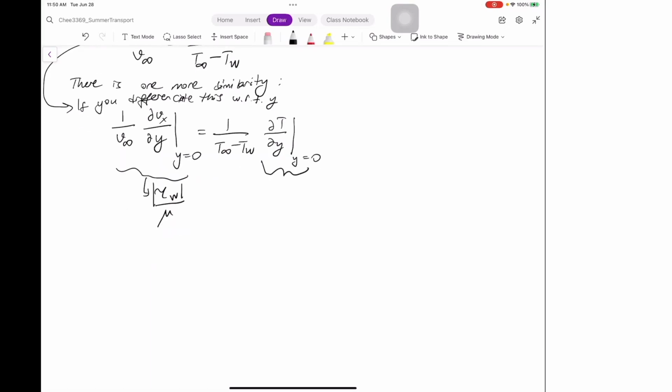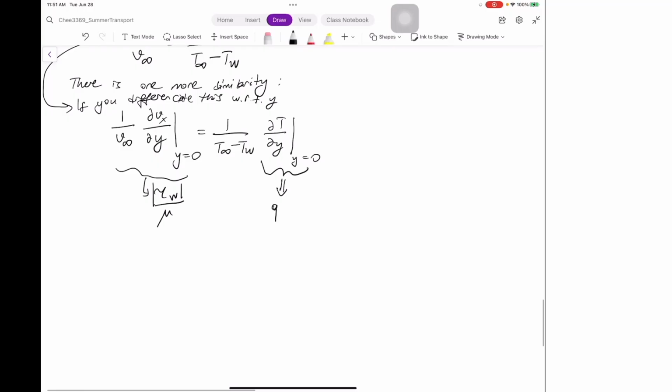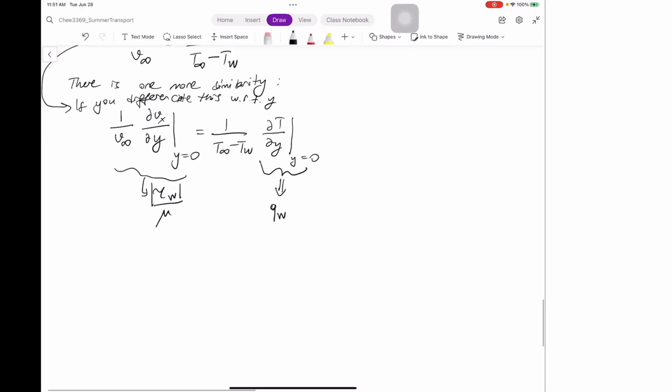And this is something we already know from Fourier's law. It's the heat flux at the wall divided by the K, or the absolute value divided by the K. So you know that this conductivity is the fluid conductivity.